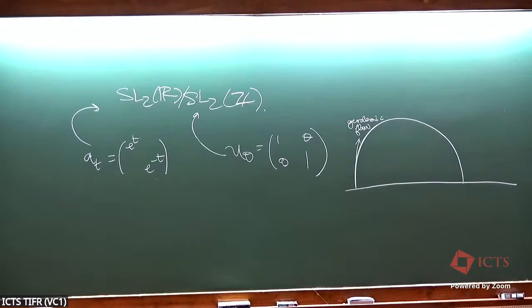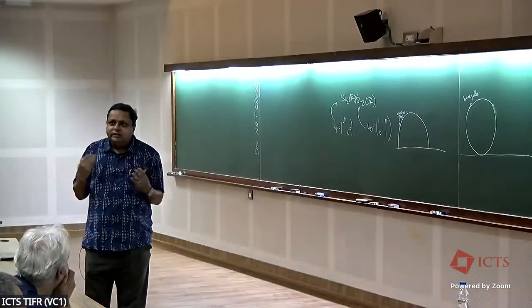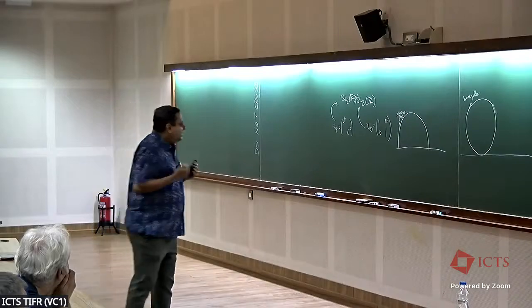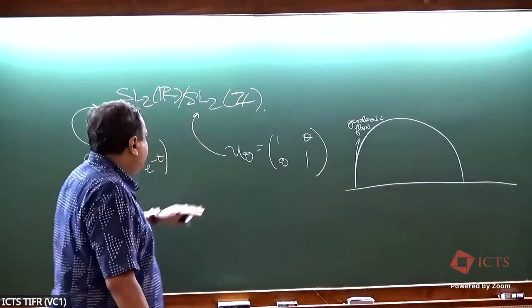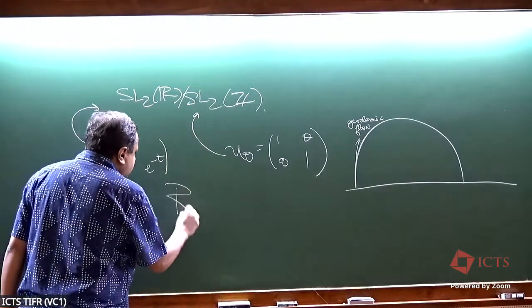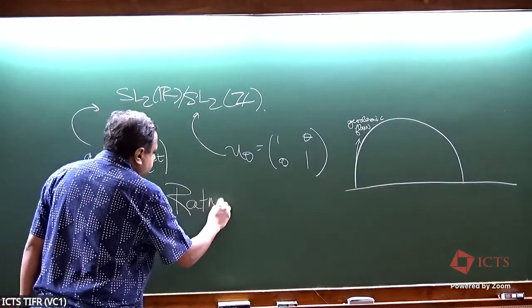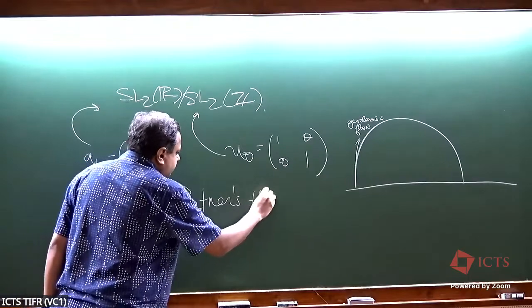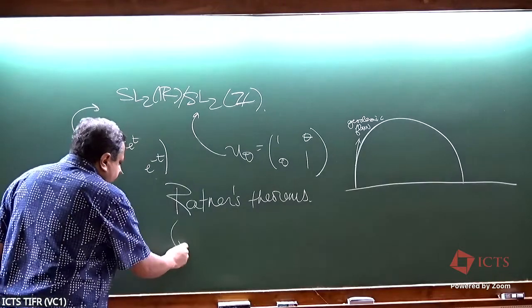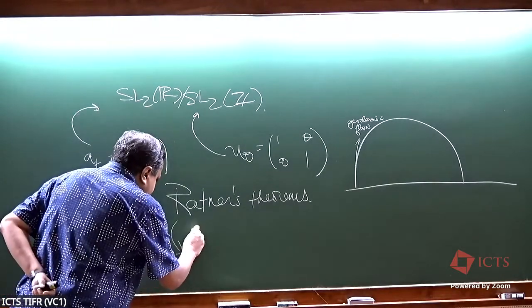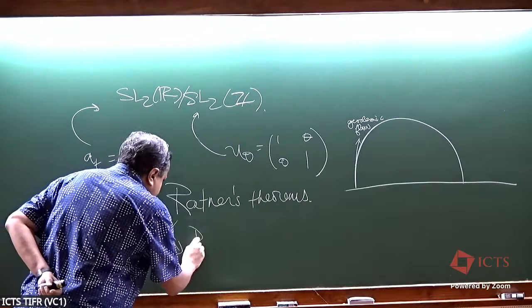It admits a beautiful rigidity, which is unlike anything that people in dynamical systems are used to. These nowadays go by the name of Ratner's theorems, which are resolutions to very famous conjectures of Dani and Raghunathan.